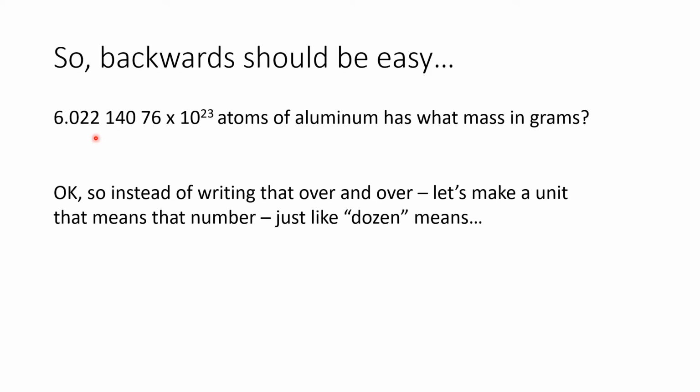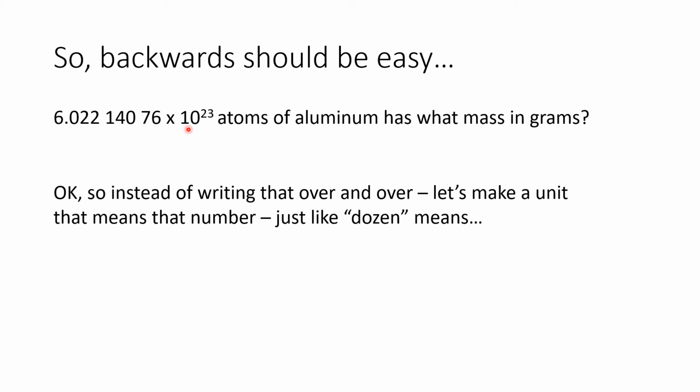That's a really difficult number to write over and over and over again. So we turn it into a unit. Just like you don't want to check out 12 eggs every time you run through a cash register, or 12 donuts every time you buy a box of donuts. You sell them in dozens, right? So we usually talk about, in chemistry, how many moles of things we have.